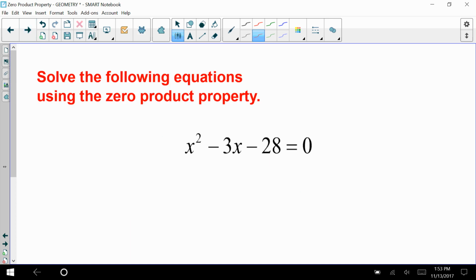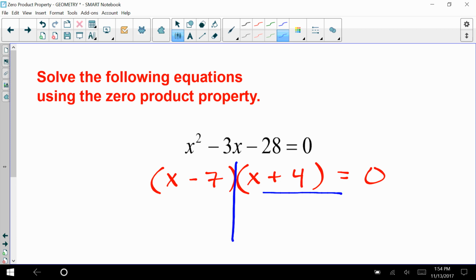Okay, so let's look at this one. It's in standard form, so factors of negative 28 that add up to negative 3. So we know that we have x times x gives us x squared. So factors of 28 that add up to negative 3, so if we have negative 7 plus 4, those are the factors. So now what you're doing is you're setting each expression equal to 0.